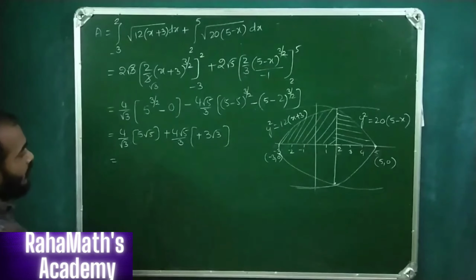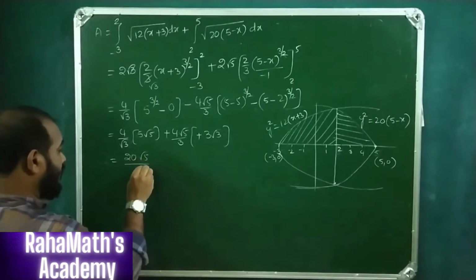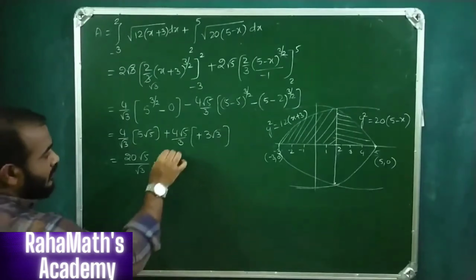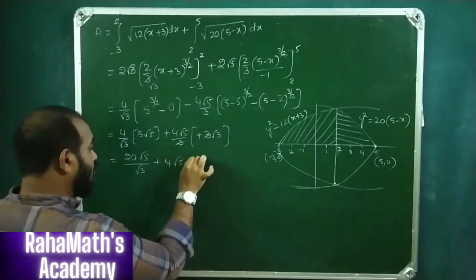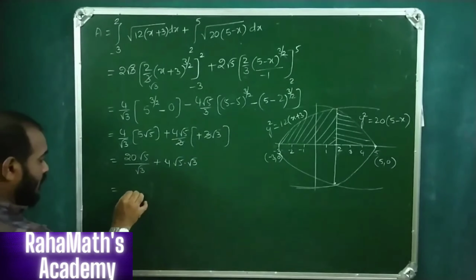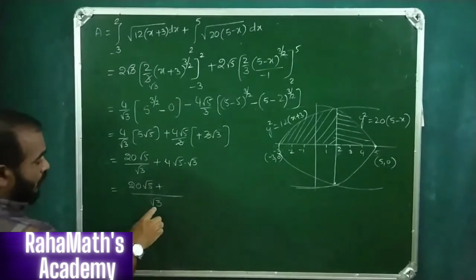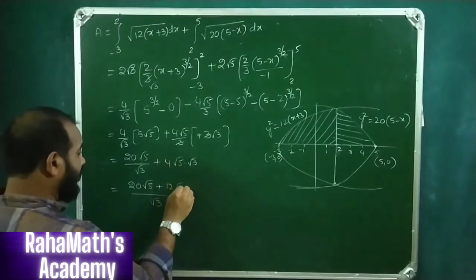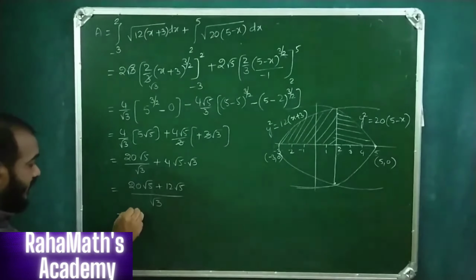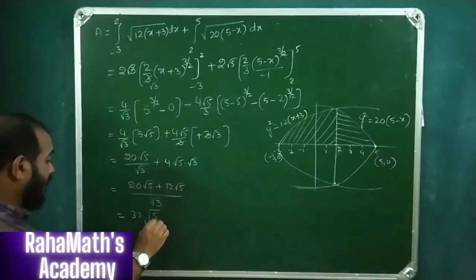This is equal to 4 5s are 20 root 5 by root 3, plus 3 gets cancelled, so 4 into root 5 into root 3. Root 3 is the LCM here, so 20 root 5 plus root 3 into root 3, 3 4s are 12 into root 5, 12 root 5. This is equal to 32 root 5 by 3.